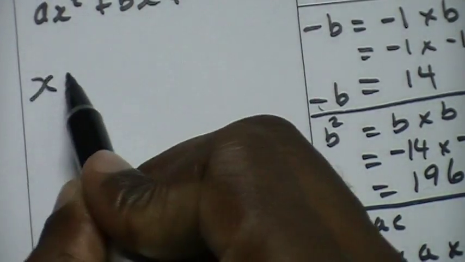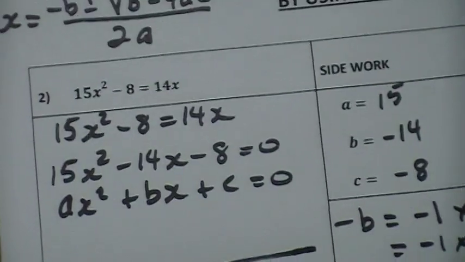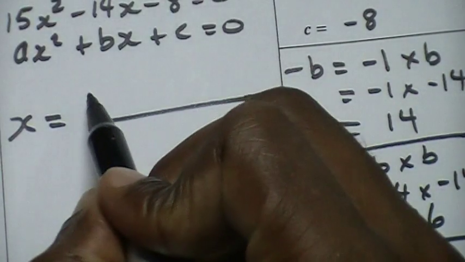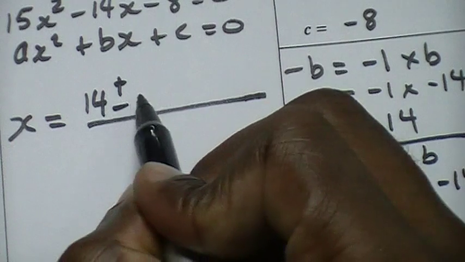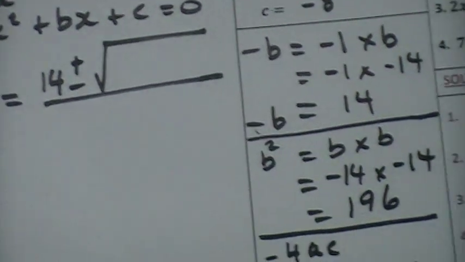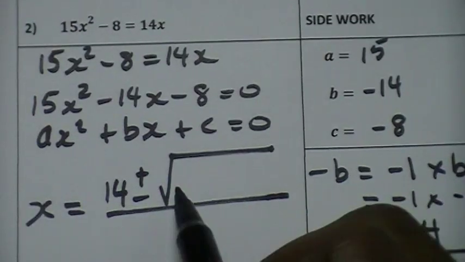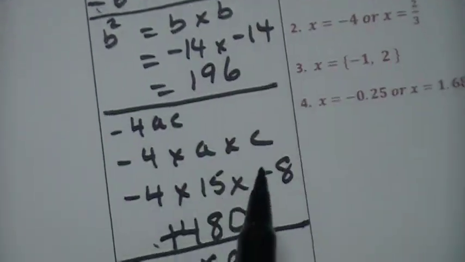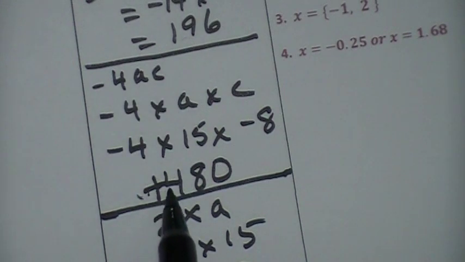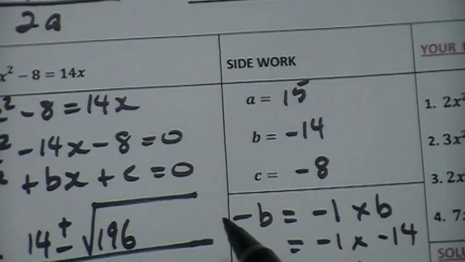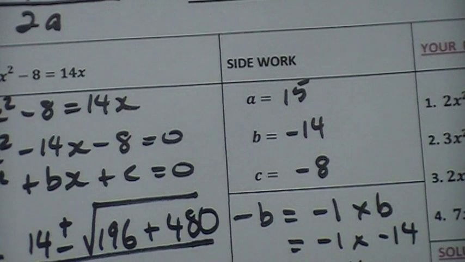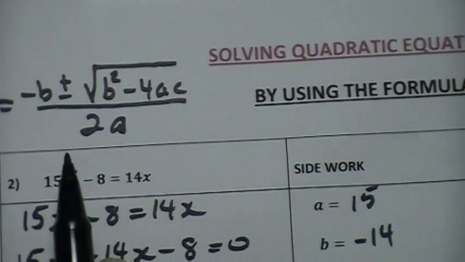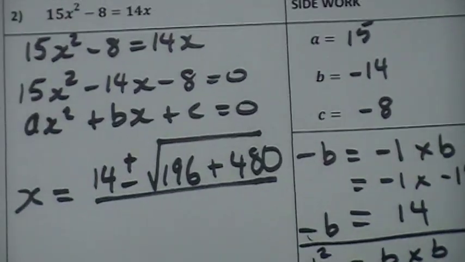We're going to have x equals the negative b, replaced with positive 14, plus or minus the square root of b squared, which we got as 196, and the entire negative 4ac, which we got as positive 480. So there are no sign problems under the square root. And 2a is 30.